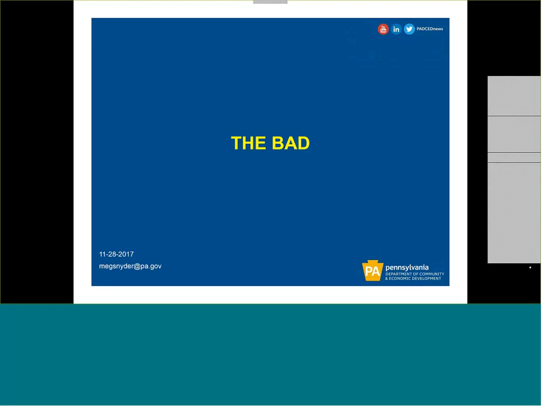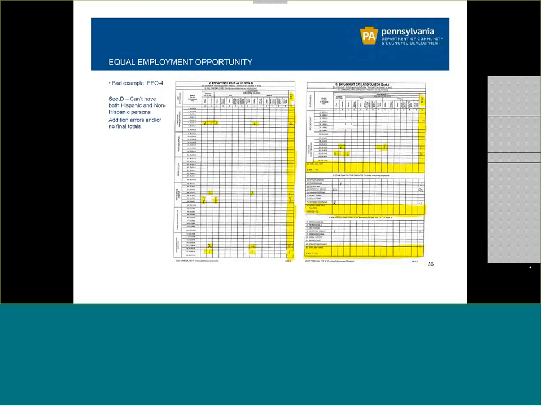Okay, we'll move to the bad. And as you see on here, we have quite a lot of yellow. If you can see the little marks, at first we thought we had 4 people. If you just take that top one there, we had 4 people being counted, but then in the totals it was 2.